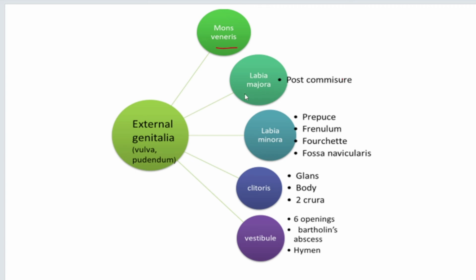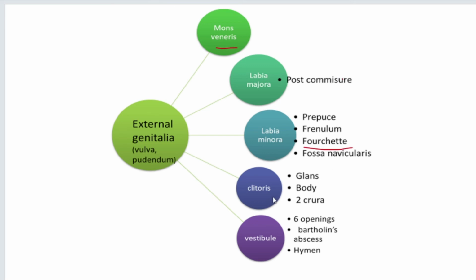The labia majora posteriorly fuse and form the posterior commissure. Labia minora anteriorly fuses and encloses the clitoris. In front it forms the prepuce, behind it forms the frenulum. And posteriorly it fuses and forms the fourchette. Fossa navicularis is the fossa between the posterior commissure and the fourchette.